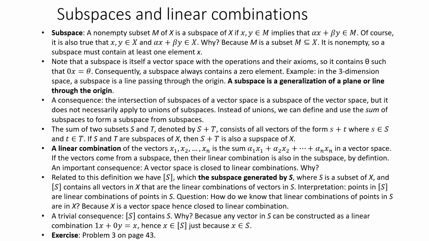So if we multiply any vector with a scalar, it is in the same vector space. And if we add up elements from a vector space, we remain in the same vector space. So linear combinations are always in the same vector space.